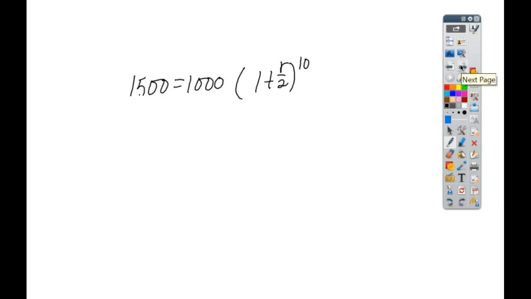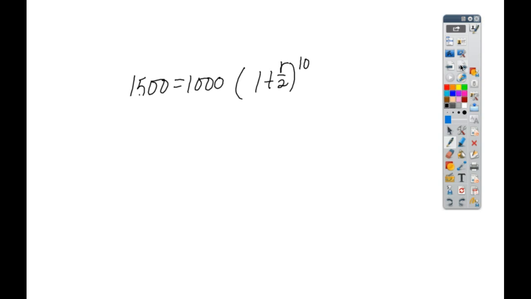So this is what we'd have, right? That's what we would have for number 2. Oh, that's the answer? Well, that's the start of it. Because what am I looking for? I'm looking for the rate.